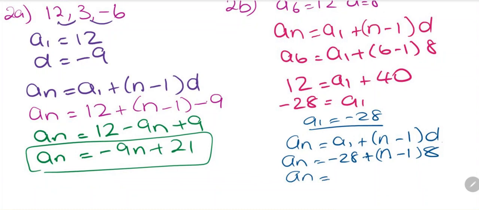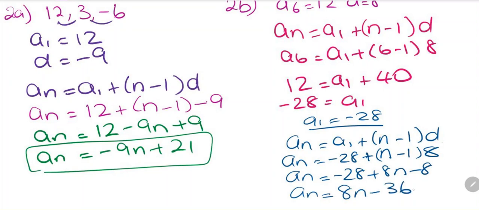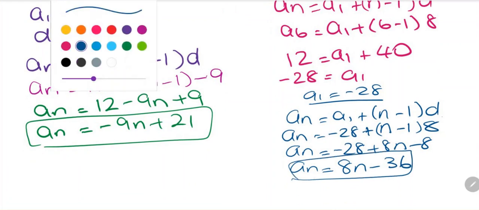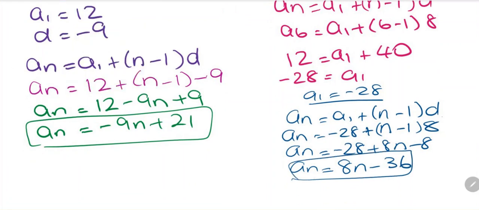So a_n, so it's minus 28. 8 times n is plus 8n. Minus 1 times 8 is minus 8. And then I have minus 8 minus 28 is going to be minus 36. So this is my formula. And if I was to check my formula, now I know the sixth term.